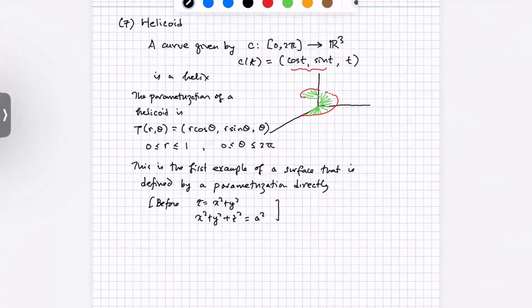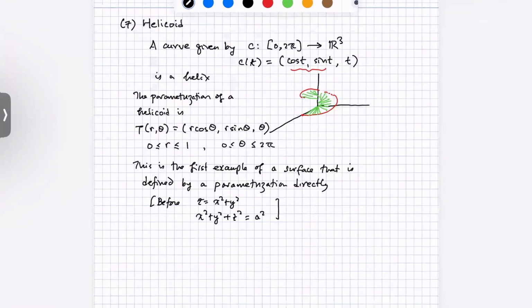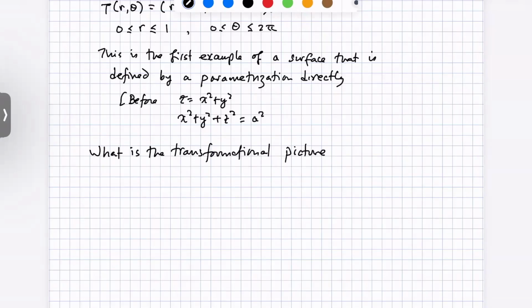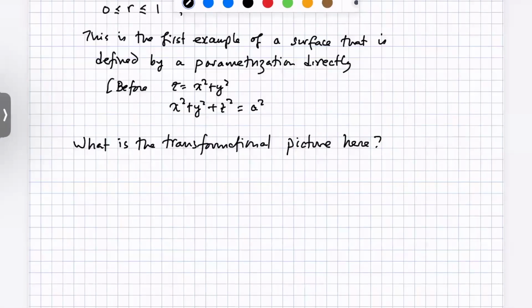Now, there are a few things that we need to talk about insofar as what the picture kind of looks like. What is sort of the transformational picture here? Okay.